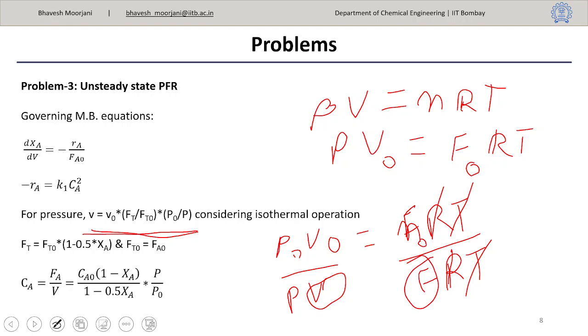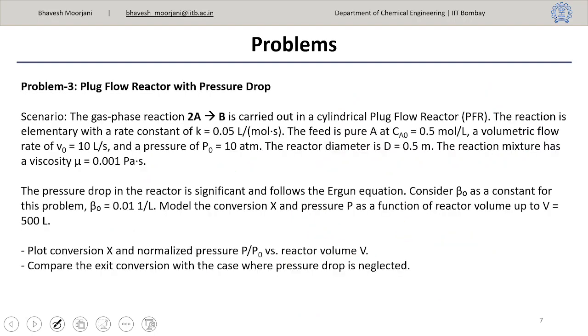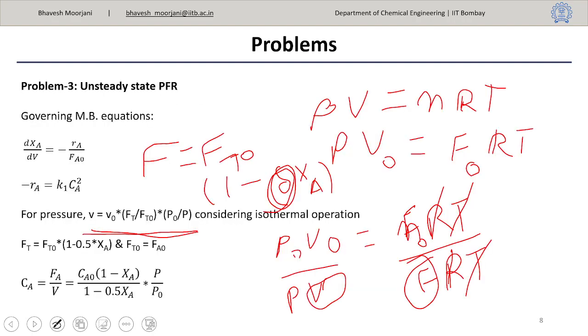So FT is equal to FT0 into 1 plus delta XA. Your delta is the ratio of how many moles are changing in the reaction. Here from 2 moles you are going to 1 mole, so delta is minus half. So your FT is equal to FT0 times 1 minus half XA.